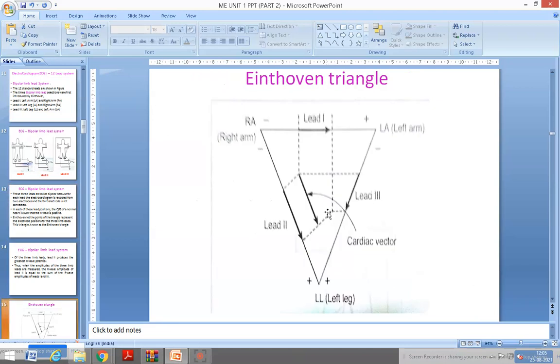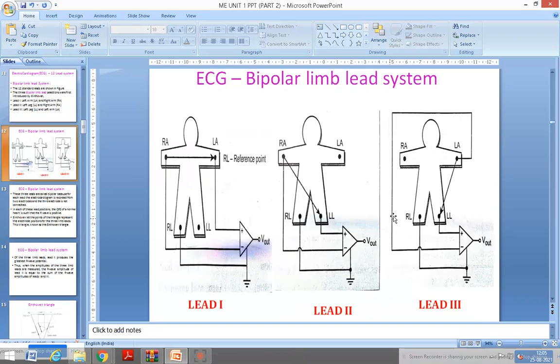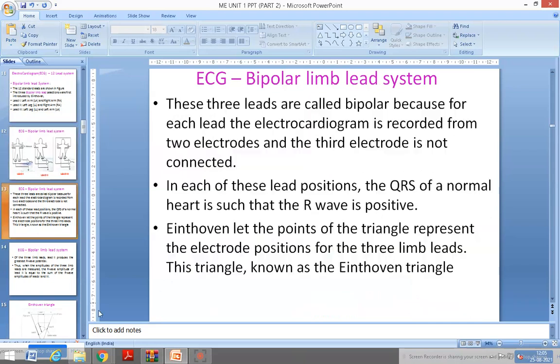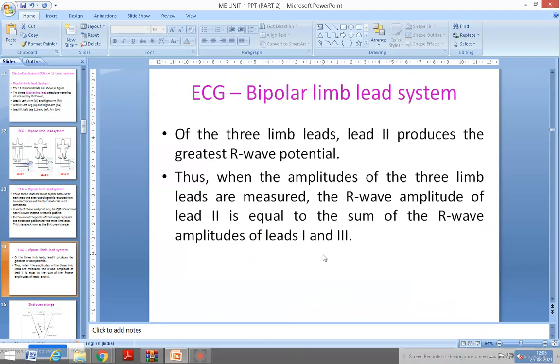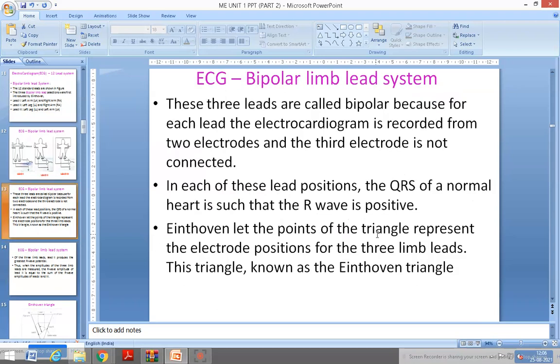So after drawing the Einthoven triangle, you can draw these three diagrams. Then it will be easy for you. Of the three limb leads, lead 2 produces the greatest R wave potential. I said already, the QRS waveform for the normal heart will have a positive R wave.